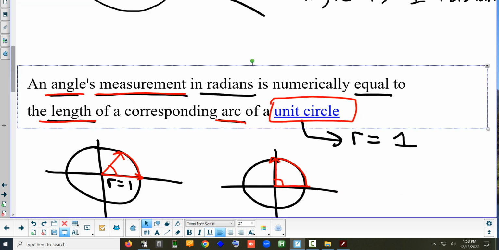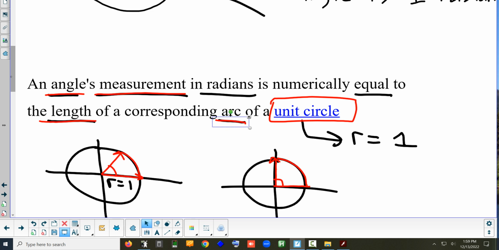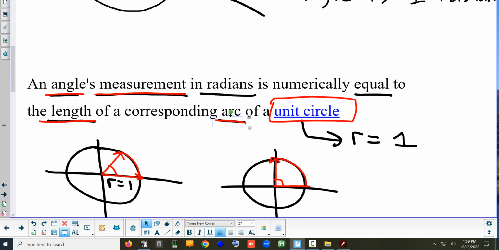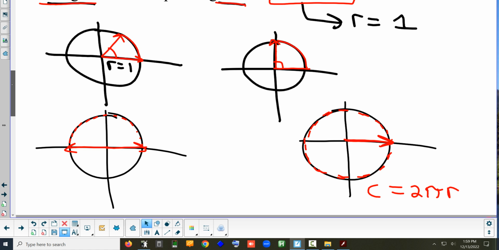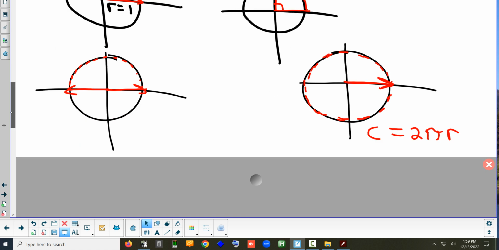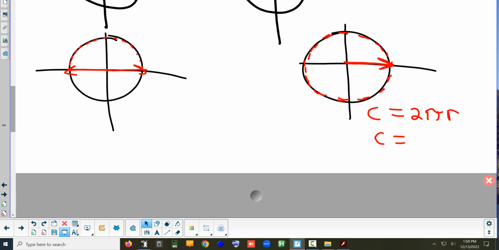So if we can find the length of the full circle, which is an arc, just a big arc that takes up the whole thing, that's going to be equal to how many radians to go all the way around the circle. So let's find the length of that arc. What's my radius in all these circles? 1. So let's fill in 1. And 2 pi times 1, that just gives me what?